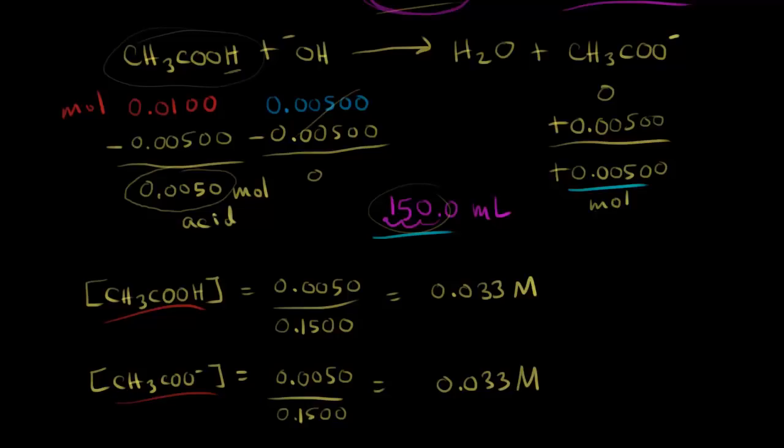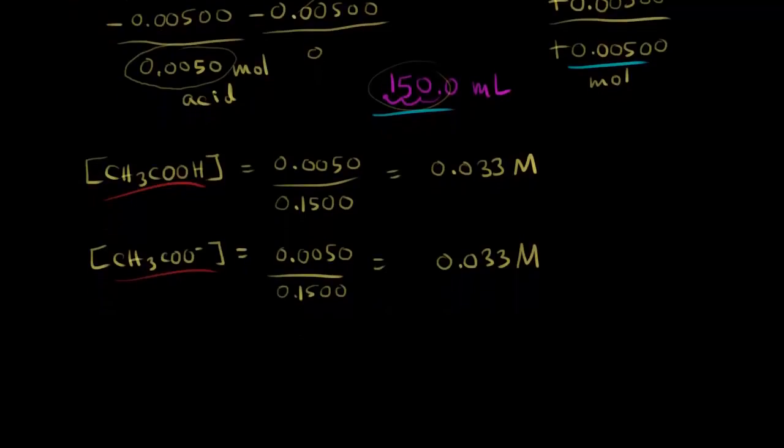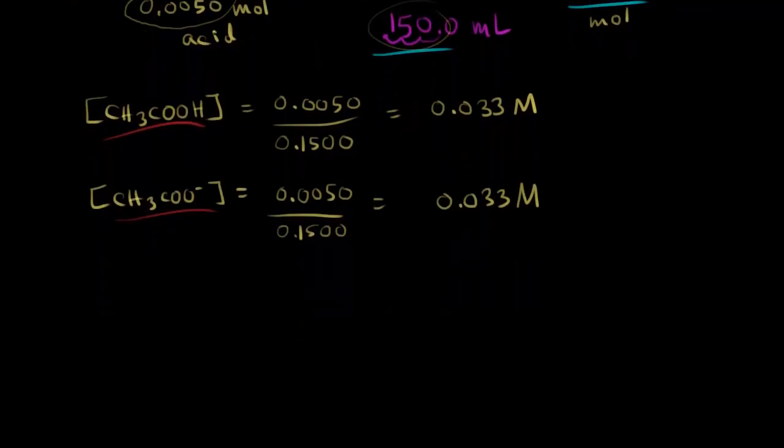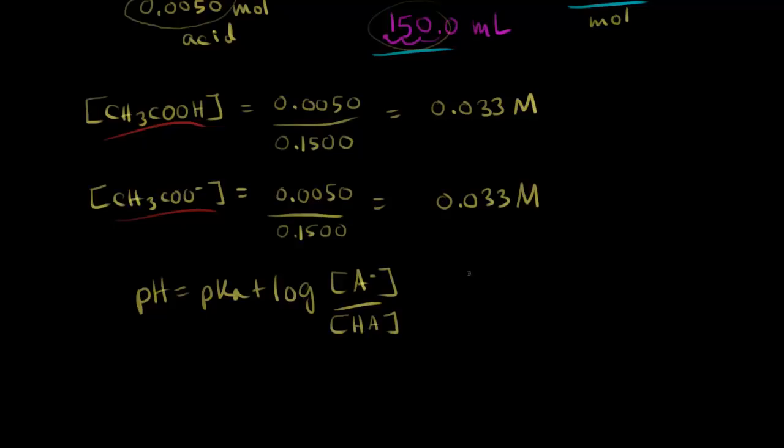So our goal was to find the pH, and since we have a buffer solution now, it's easiest to just use the Henderson-Hasselbalch equation. The Henderson-Hasselbalch equation was pH is equal to the pKa plus the log of the concentration of A minus over the concentration of HA. All right, and the Ka for acetic acid we talked about earlier was 1.8 times 10 to the negative 5.